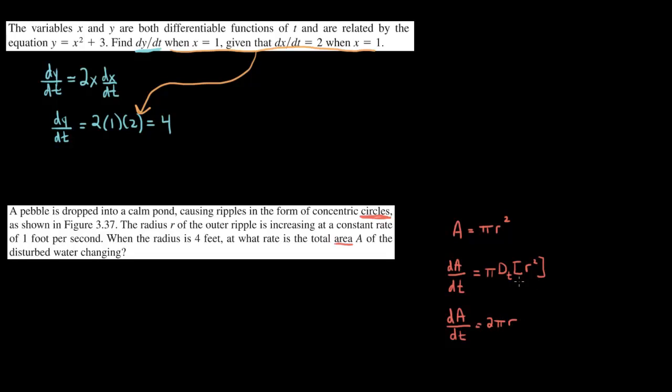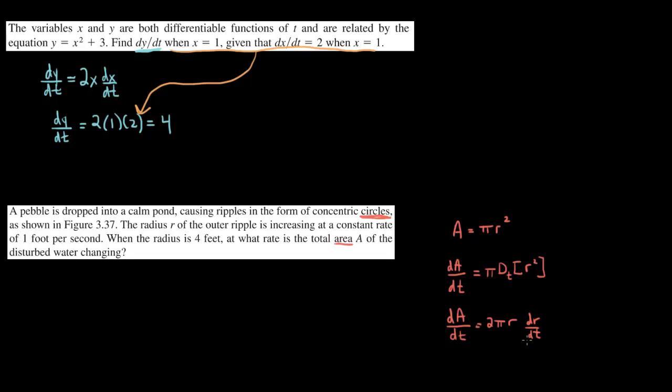But we just took the derivative of an r term with respect to t, so we have to multiply by dr/dt. Anytime we take a derivative, we're always going to have to multiply by the rate of change with respect to t, so in this case, dr/dt. Here on the left-hand side, we got 1, but we had to multiply by dA/dt.